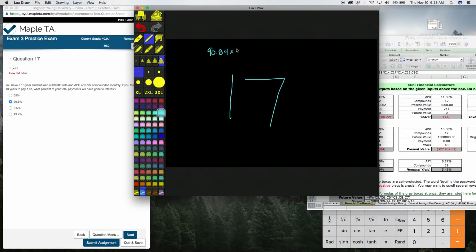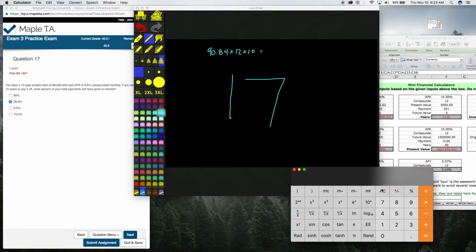I'm going to pay this every month for 10 years, so times 12 times 10. So the total payment is, let me get out my calculator, 90.84 times 12 times 10.